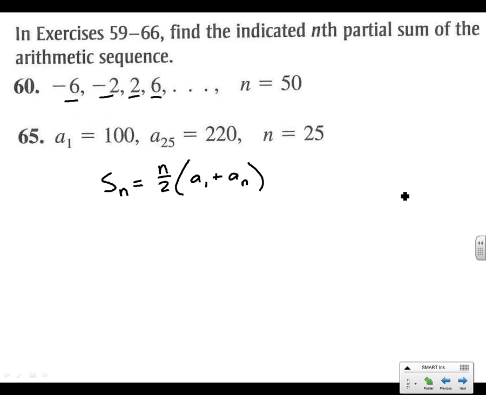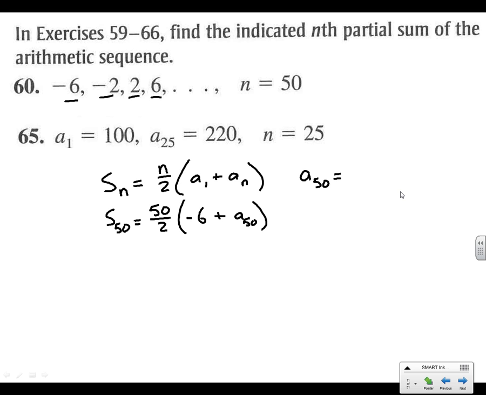So we know a lot of things here. The sum of 50 terms is going to be 50 over 2. The first term is negative 6. Don't know the last term yet, so we're going to have to figure this out, and we'll come back in here. This would be a sub 50. So what's the 50th term here? So we're going to have to figure it out. So let's go back into our formula.